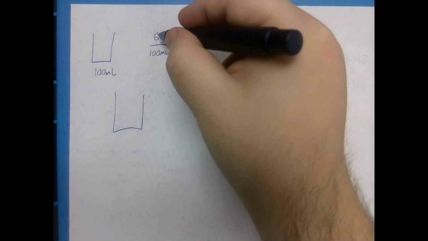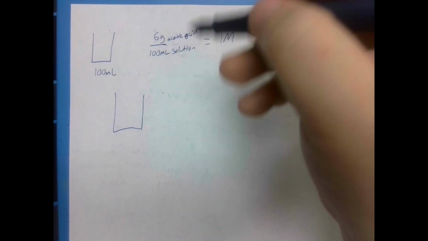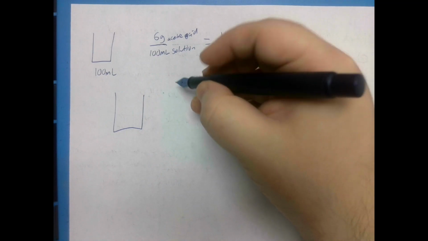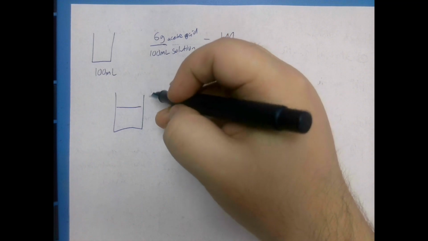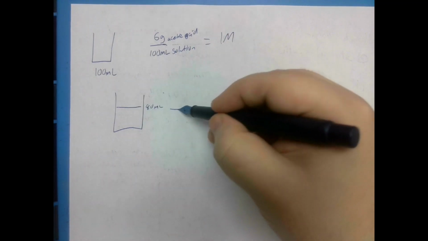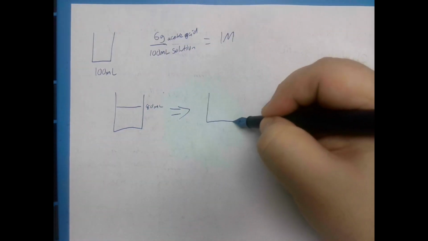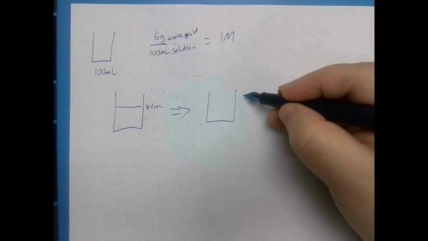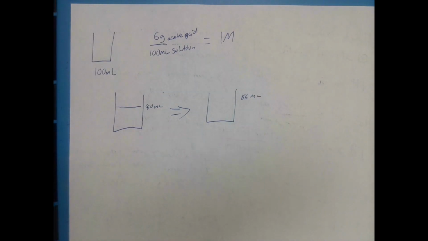So I know that this is roughly going to have 6 milliliters. I'll double that to be safe, and thus use at the most 80 milliliters of water. I then add in my 6 grams. That would bring it up to about 86 milliliters, and then I add more water until I get to 100 milliliters. And that'll give me a small 1 molar solution.